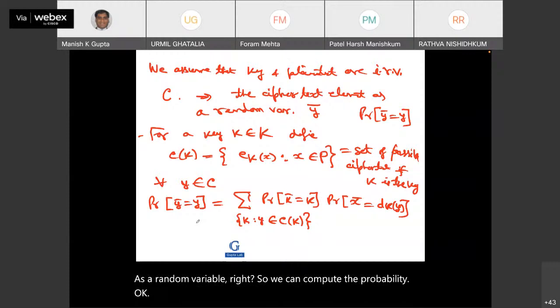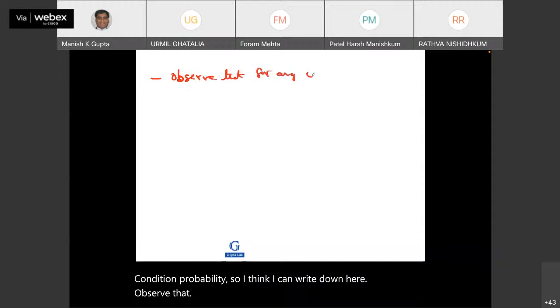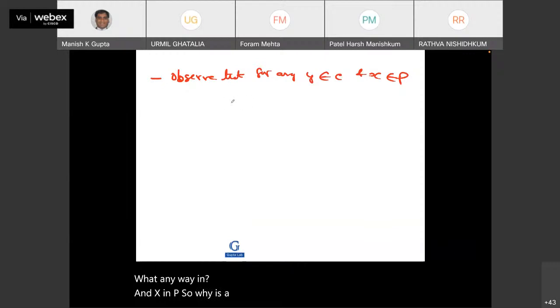We can also talk about conditional probability. So I think I can write down here. Observe that for any y in C and x in P, y is a ciphertext, x is a plain text.